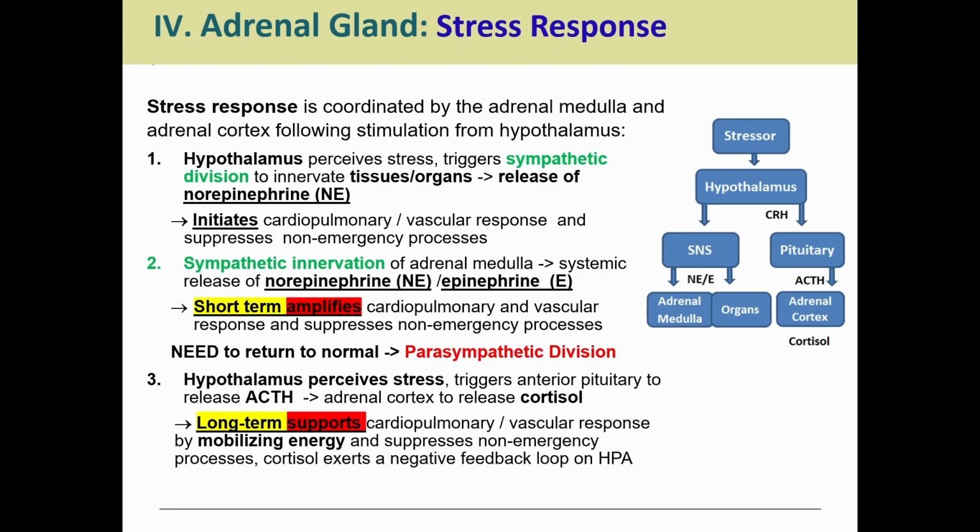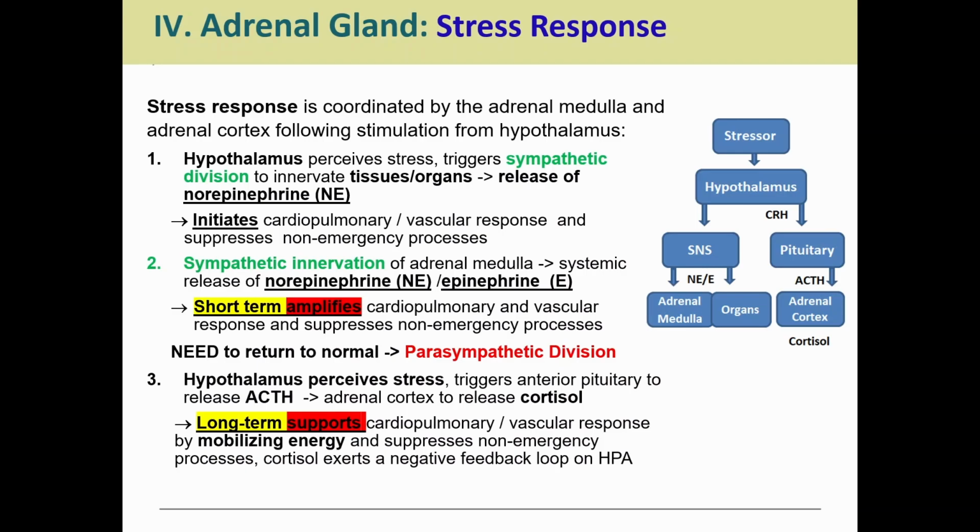So we look at stress response, long-term versus short-term. Stress response is coordinated by these two parts of the adrenal, the medulla and the cortex, when they're stimulated by the hypothalamus. So we have the hypothalamus that helps us perceive that stress, and that can trigger the sympathetic division, releasing epinephrine and norepinephrine to increase cardiopulmonary response and suppress non-emergency processes.